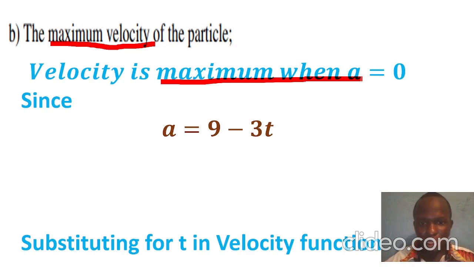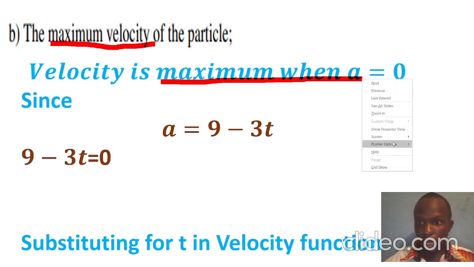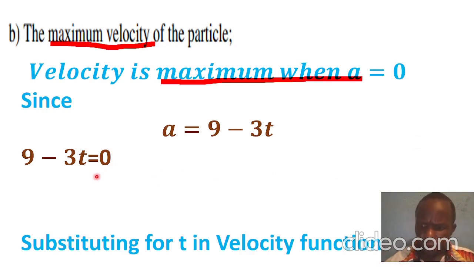But acceleration is equal to 0 when velocity is maximum, so we equate it to 0. After equating it to 0, we find the value of t: t is equal to 3 seconds.